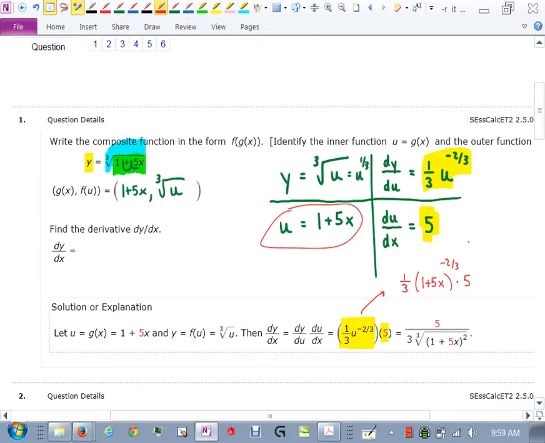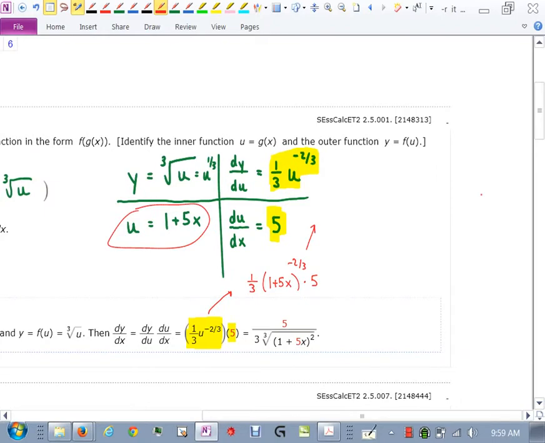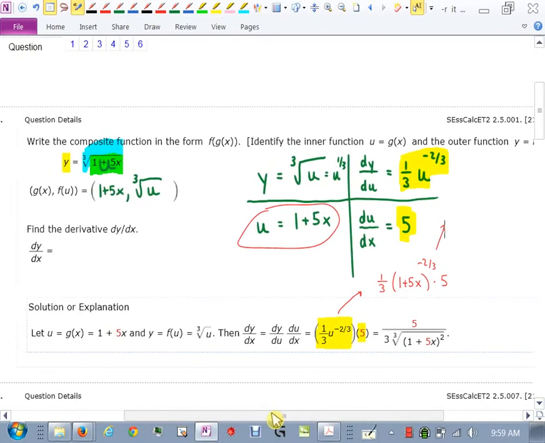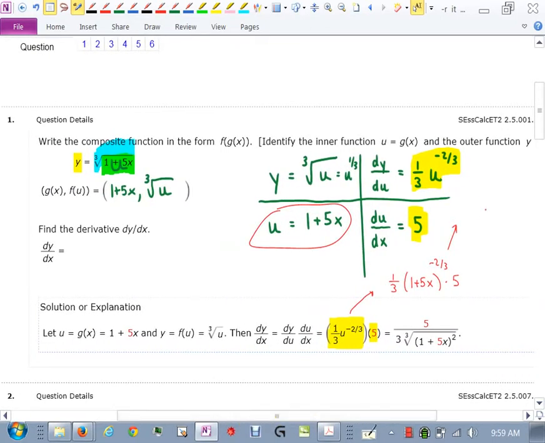So now what we do is we take this, since we have a negative 2/3 exponent, we drop it to the bottom. And we also notice that there's a 3 on the bottom from the fraction, and there's a 5 on top. So I have the 5 on top. I have the 3 on the bottom. And then I'll have the 1 plus 5x to the 2/3. I've moved it down so the exponent's positive now.